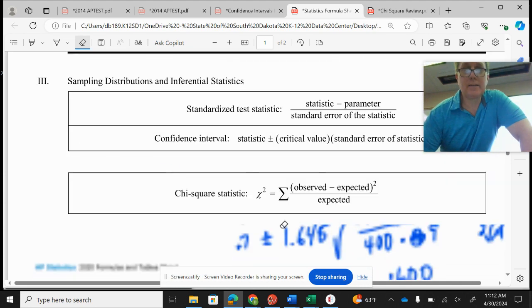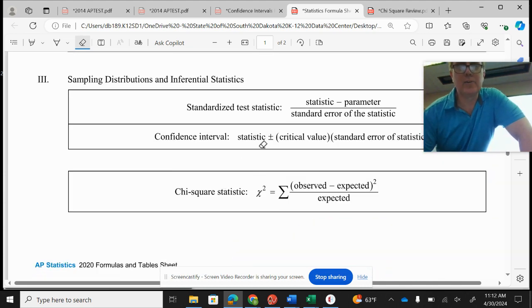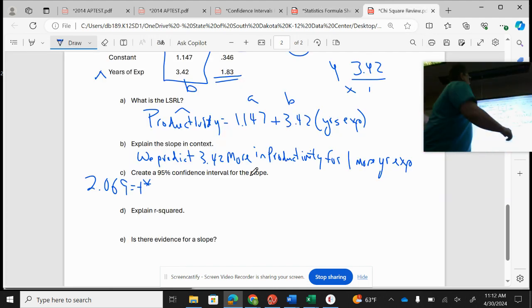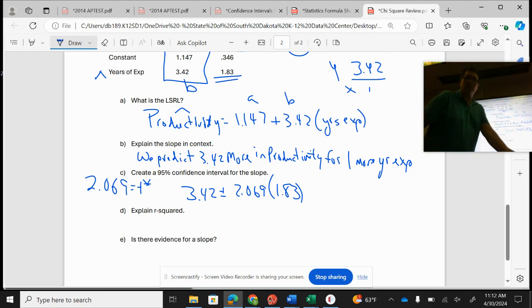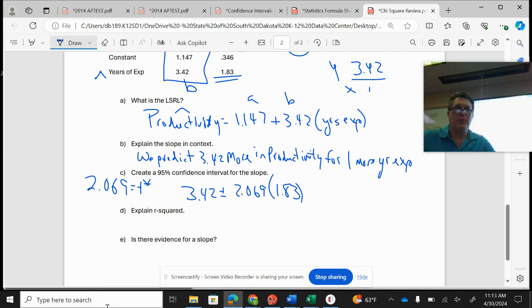Apologies for that. It's 23 degrees of freedom, and we're going to go across from 95% confidence. Confidence interval: statistic plus or minus critical value. Your critical value is your T star. So our statistic is our B, 3.42 plus or minus 2.069 times 1.83. There's no dividing by the square root of n to get this value in here.